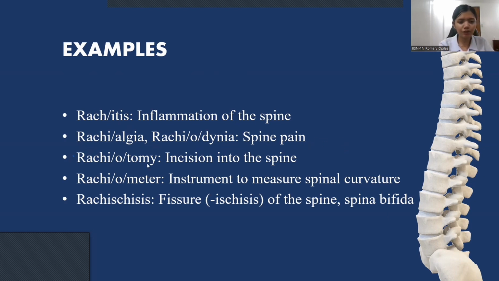Next is the rachiotomy. The tomy, kinuha siya sa ectomy, which means the incision. Yung tinuro sa atin noon ni Sir Joshua, the ectomy is the incision. If we combine it together, it means rachiotomy, incision into the spine.